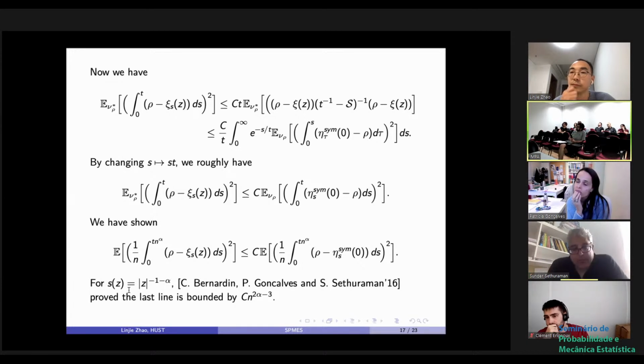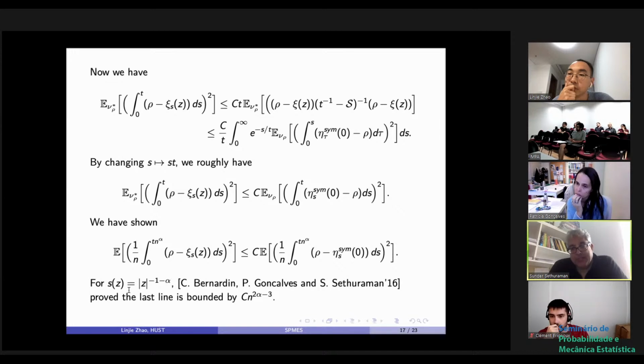Yeah, so if alpha is bigger than 2, then we rigorously proved that the hydrodynamic limit is the usual Burgers equation with the entropy solution, entropy condition.